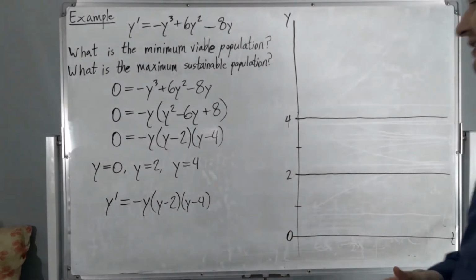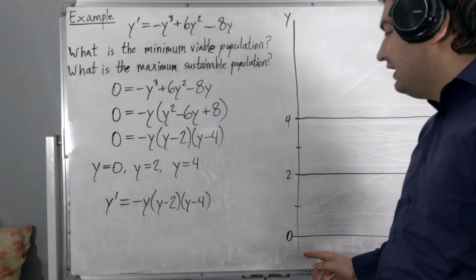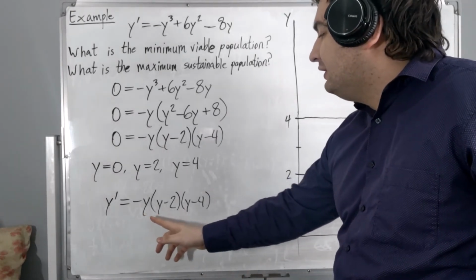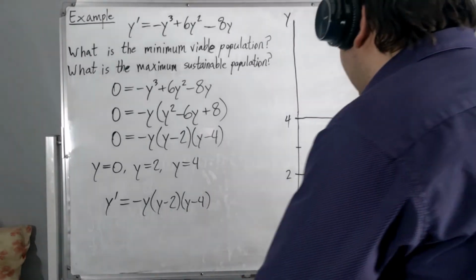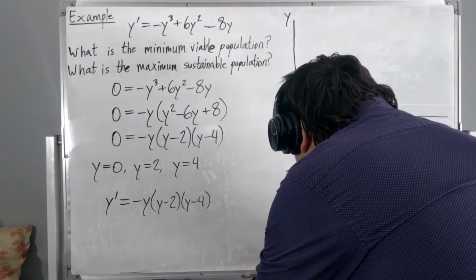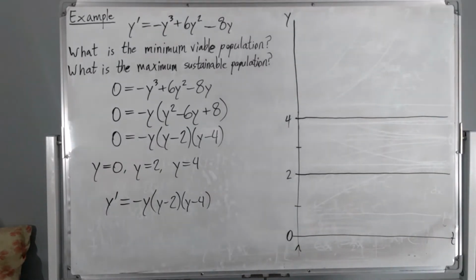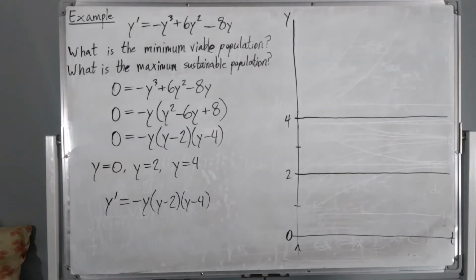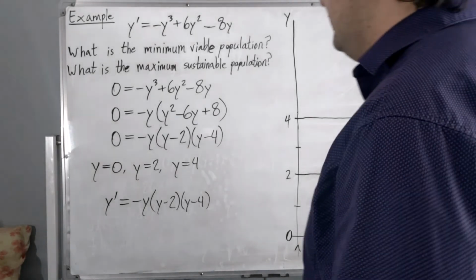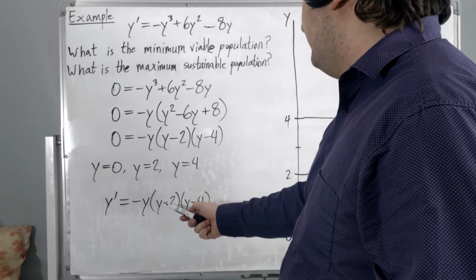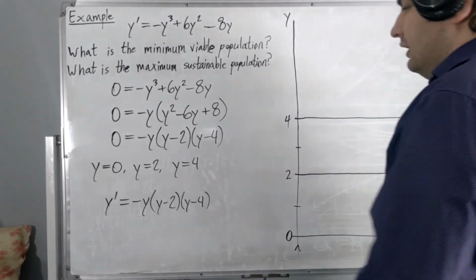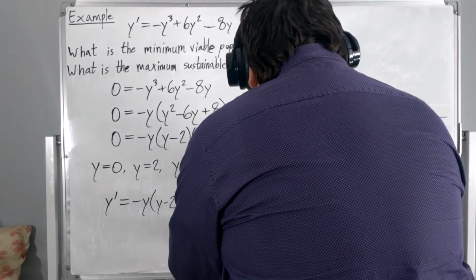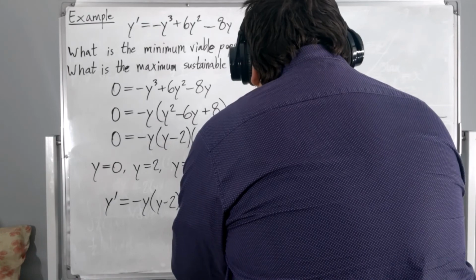But just to do the math, if you pick something less than 0, like negative 1, this becomes 1 times negative 3 times negative 4, which is positive. So beneath 0, we have solution curves moving upward. Between 0 and 2, such as 1, we'd have negative 1 times negative 1 times negative 3, which gives us a negative value. So we have solution curves moving down in this region.